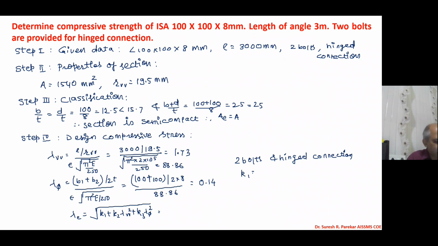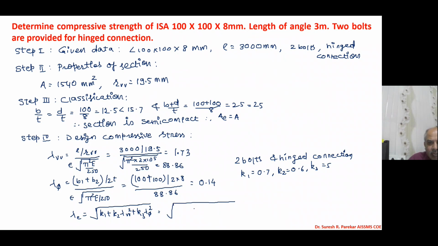So K1 is equal to 0.7. K2 we have 0.6 and K3 5. So we will put this value in this equation.